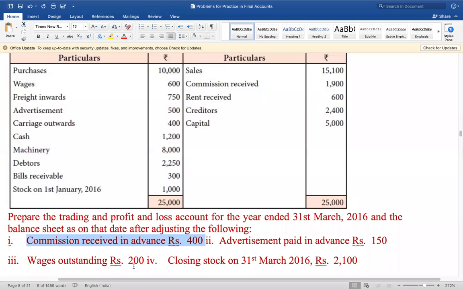Again, this outstanding expense of 200 will be liability. Okay, and closing stock anyway is an asset, right? This is the discussion of the trading and profit and loss account and balance sheet. Now please try. I'll give you another 5 minutes. Then I'll give you the solution to cross check.